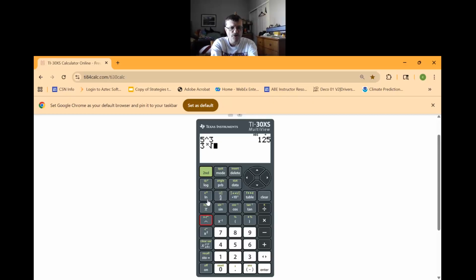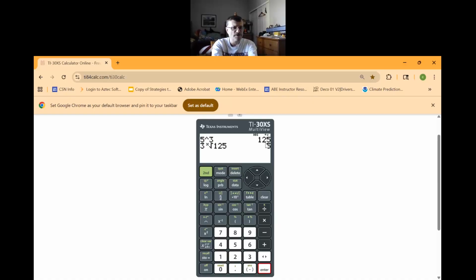In this case, we want the third root, the little x is there, and then we want to find the cube root of 125. You see, that's where it's 5 times 5 times 5, and the singular number is the cube root. So that's how it works for finding the cube root.